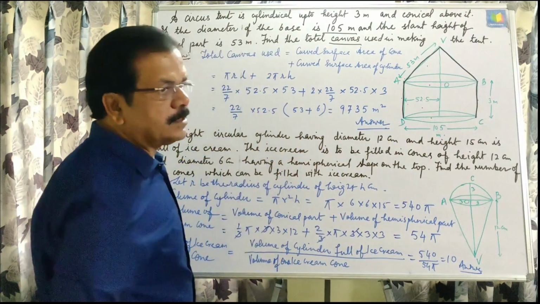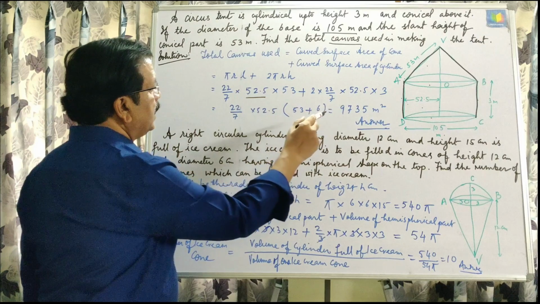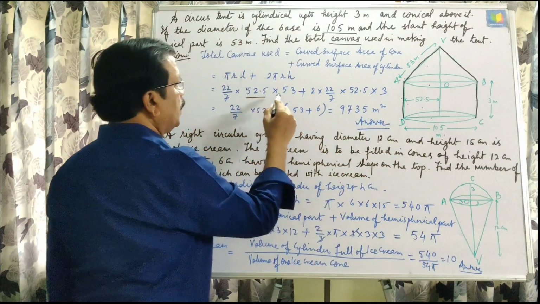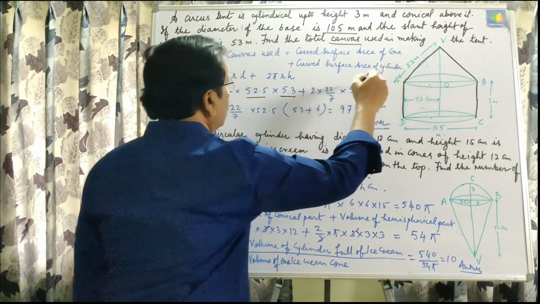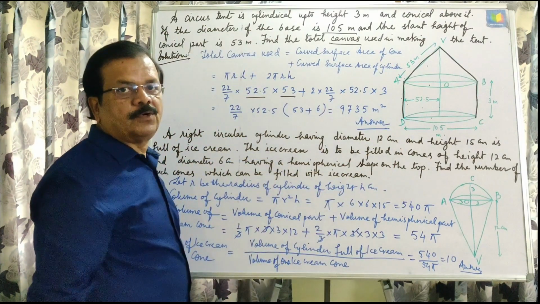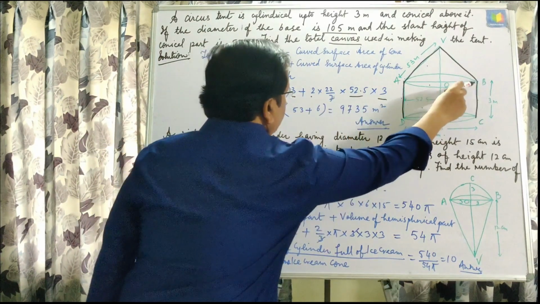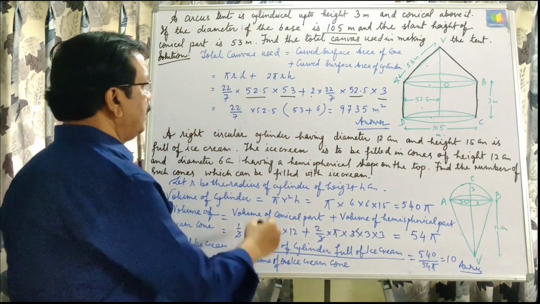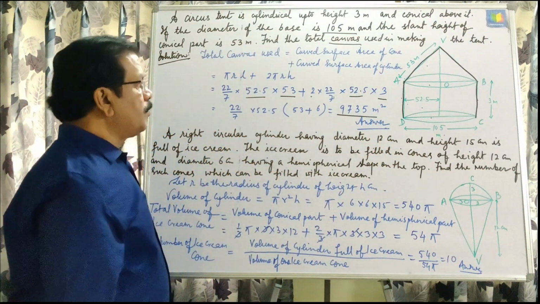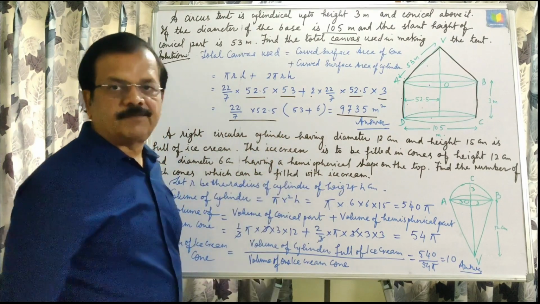Now pi R L is the curved surface area of cone, that is 22 by 7 into R, which will be the same for both the cases, because the diameter is given as 105, then half of this is 52.5, into L, this is also given, all the dimensions are given, plus curved surface area of cylinder, we know 2 pi R H, then 2 into pi into R into H, height is given 3 meter, and then after calculation we are getting 9735 meter square. If you take these two common and then calculate, it will be easier.